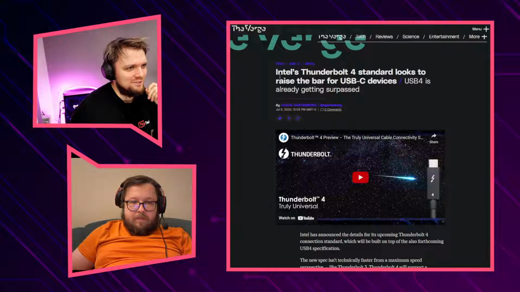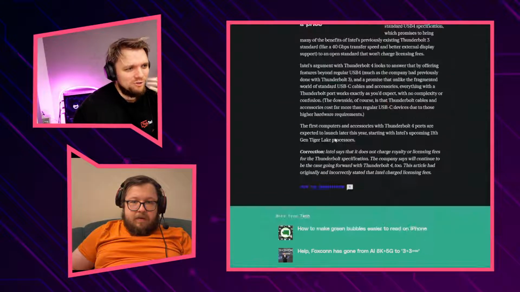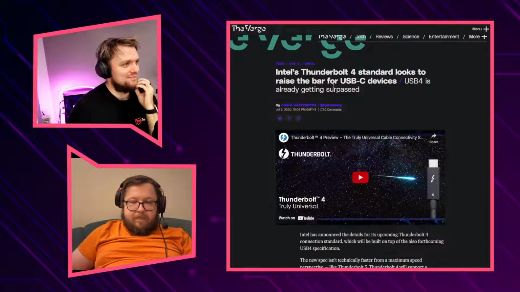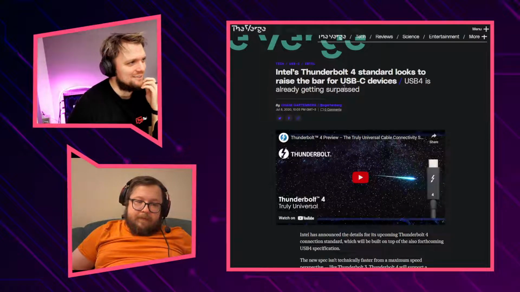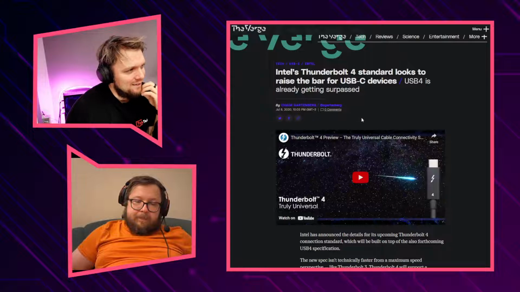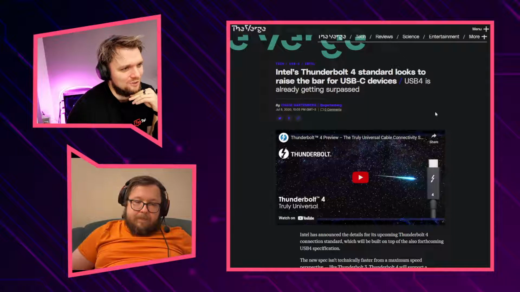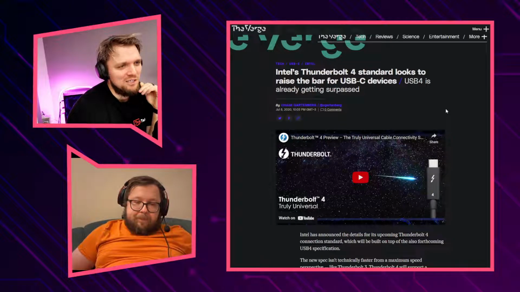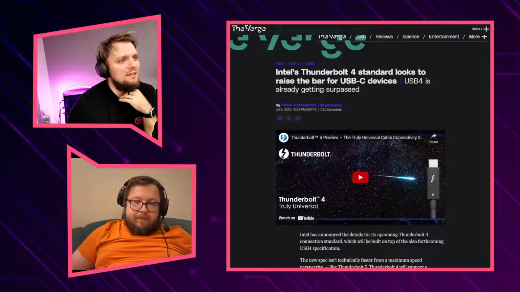You need to have the correction at the top of the page. That was my information at least. I guess Intel is finally seeing the writing on the wall: if we want to keep Thunderbolt mainstream, we just don't want to charge for it, because USB is taking over anyway.